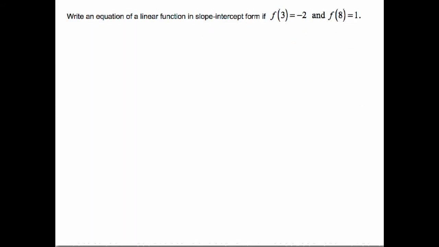Write an equation of a linear function in slope-intercept form if f of 3 equals negative 2 and f of 8 equals 1. Slope-intercept form means we're going to have f of x is equal to mx plus b. So we're going to have to first find the slope.